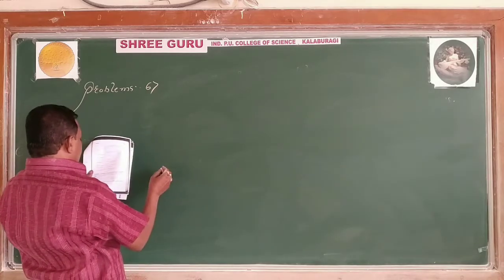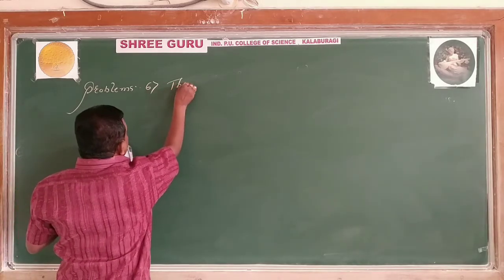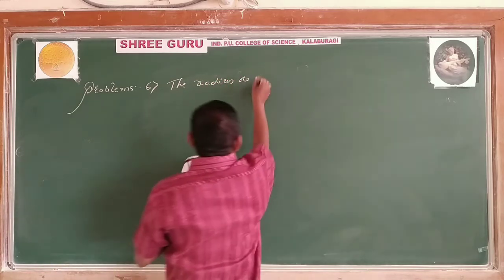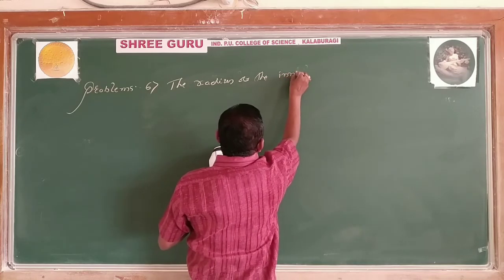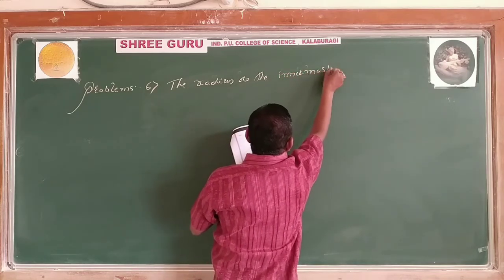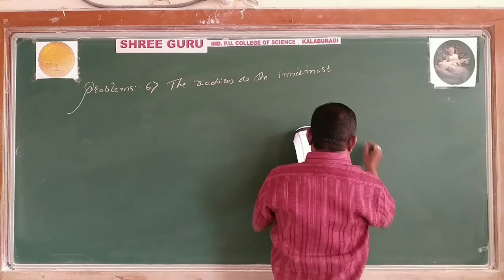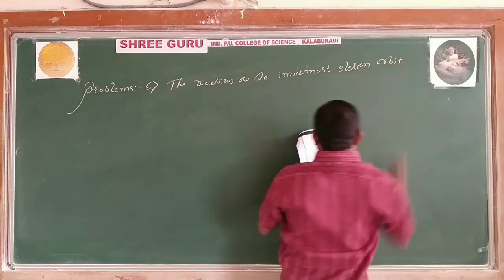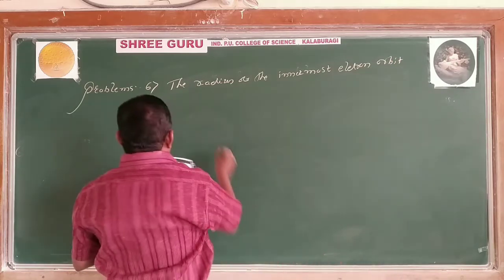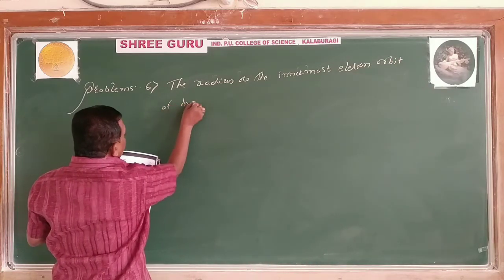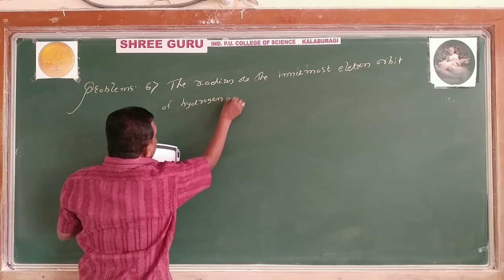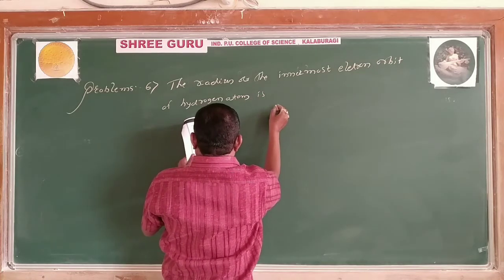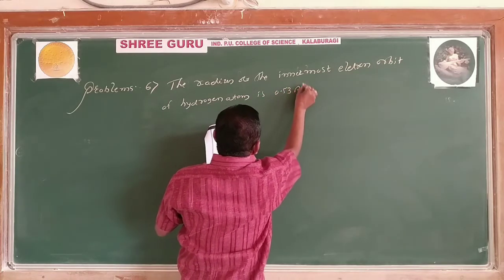The radius of the innermost electron orbit of hydrogen atom is 0.53 angstrom.